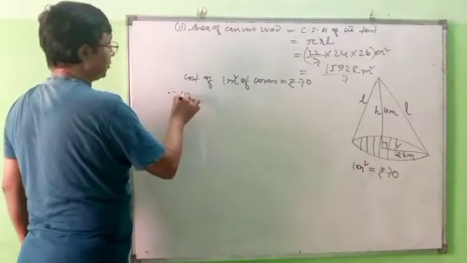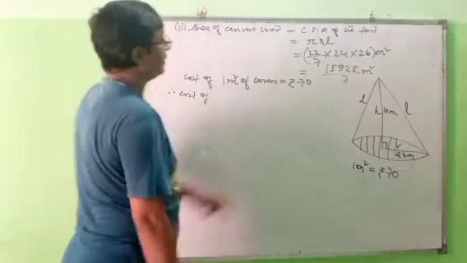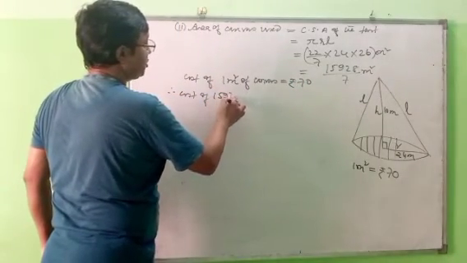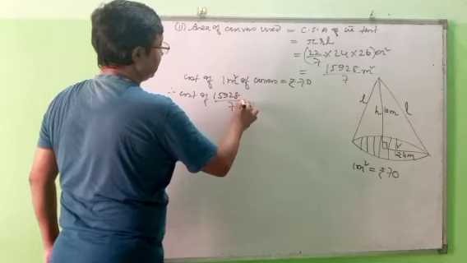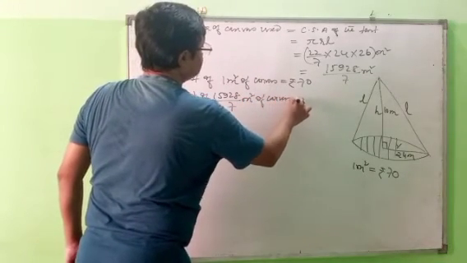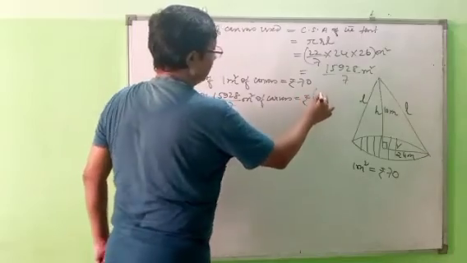So therefore the cost of how much area? This much: 15928 divided by 7 meter square of canvas. So the cost will be more, so multiply.